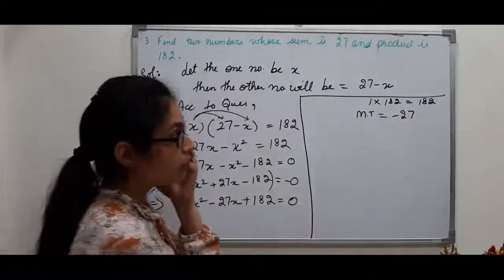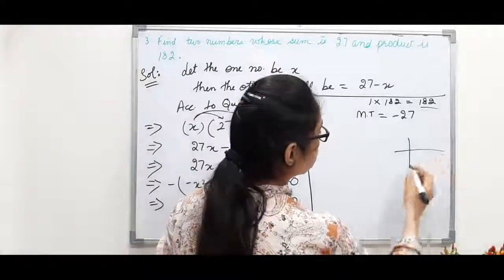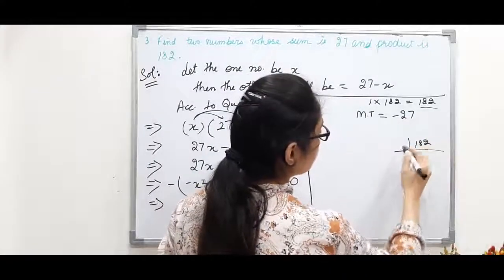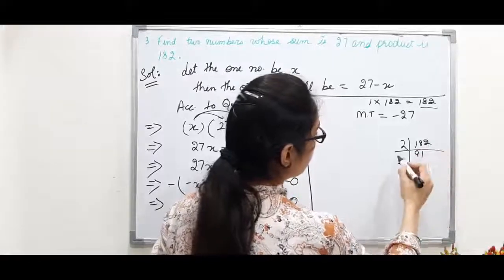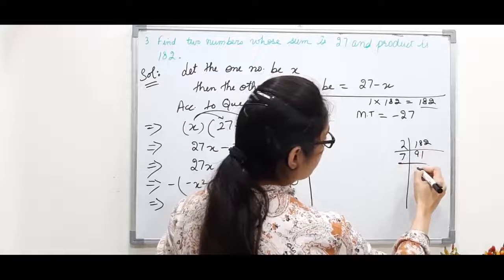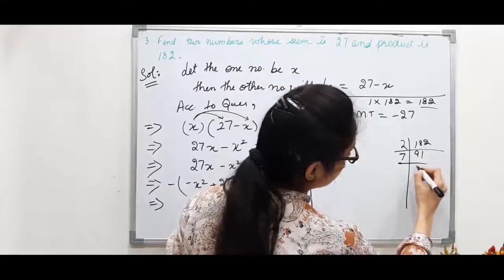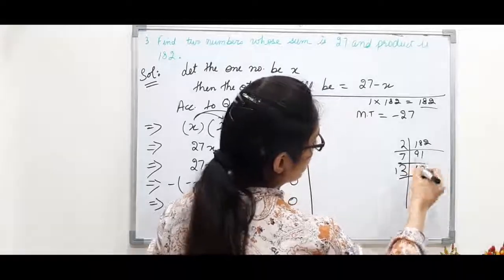Now we have to make the factors of 182. So let's make it 182, 2 into 91 is 182. Then on 7 if we see, 7 into 13 is 91.